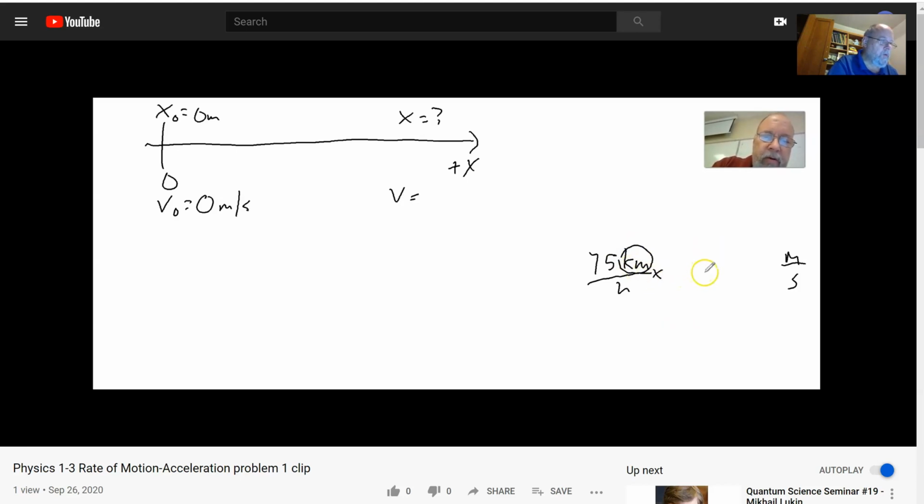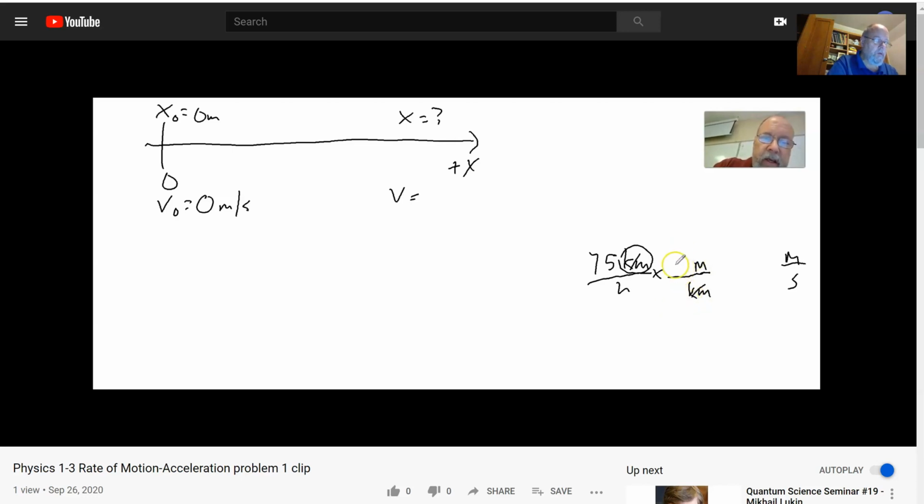Usually I can do this in one conversion. I want to get rid of kilometers, so in order to get rid of kilometers, I put it on the opposite side of the dividing line, and that way it'll cancel out, right? Kilometers cancels kilometers. And then I want to add in the unit I want to create. I want to create meters, and I know I have a conversion between meters and kilometers.